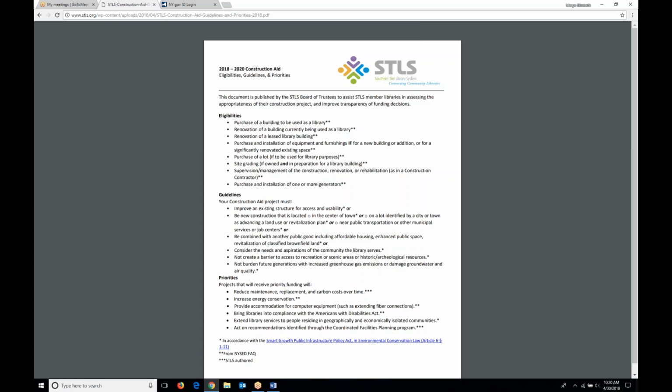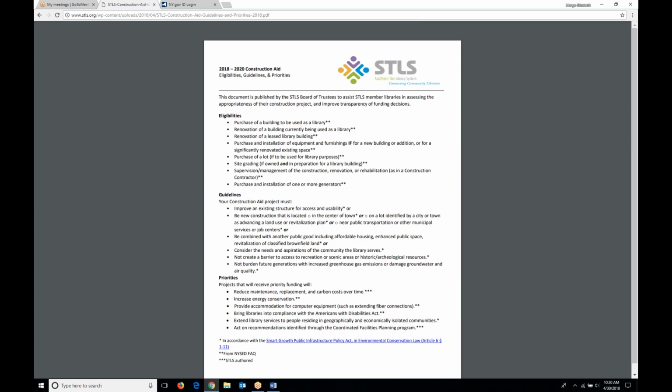It must be very clear for DASNY in your application narratives that there was permanent construction involved when adding those data drops. Even though the commissioner has said that it's part of broadband expansion and can be covered and is eligible for construction aid funding, they may not approve it if it isn't explicitly constructed permanently into the building.